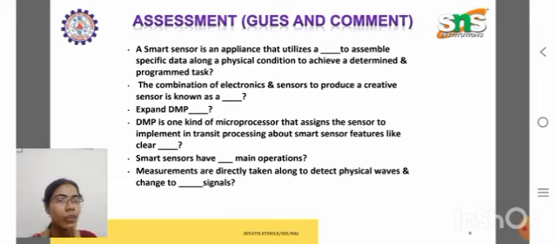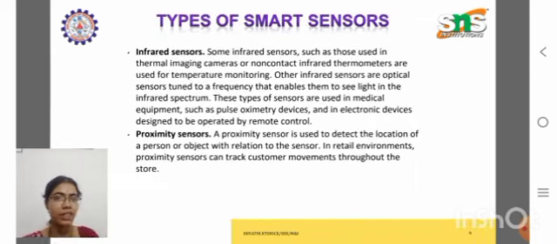DMP is one kind of microprocessor that enables the sensor to implement in-transit processing of smart sensor features. The next question is, what kind of main operation does a smart sensor have? The last question is, measurements are directly taken to detect physical waves and changed to what kind of signals? Guess the answer and comment in the comment section.